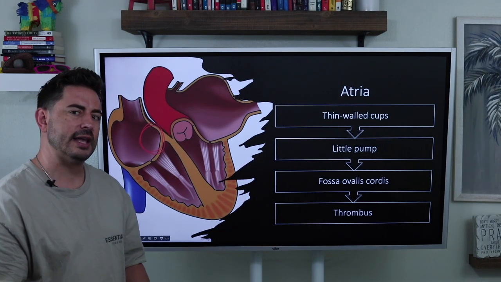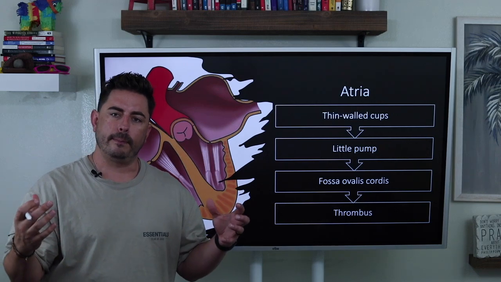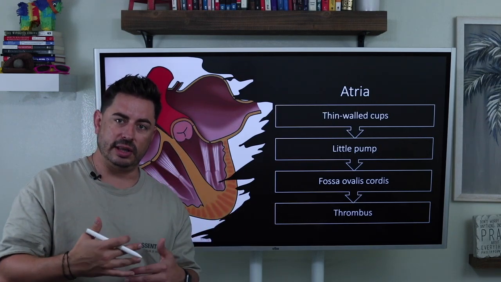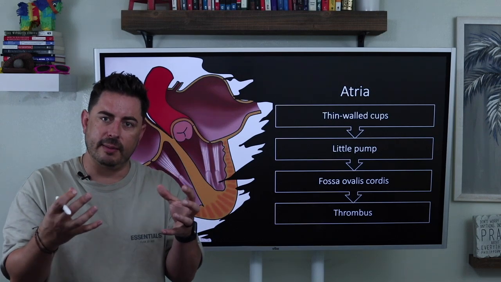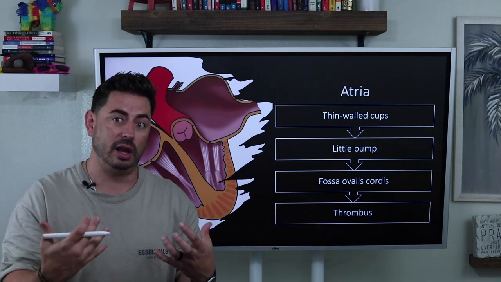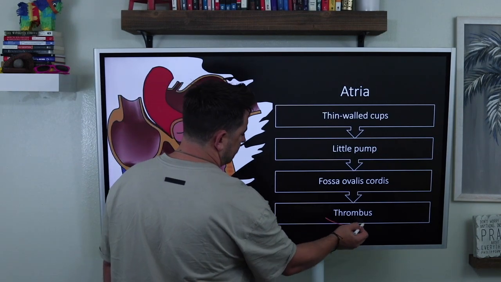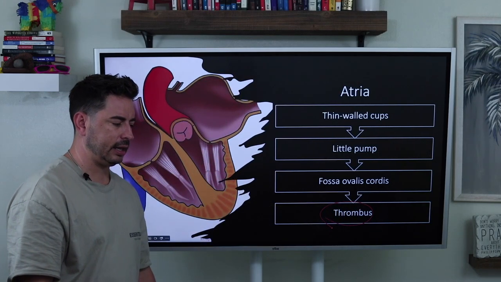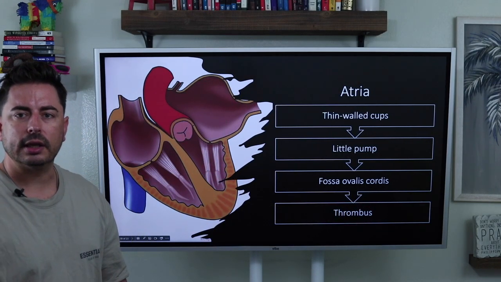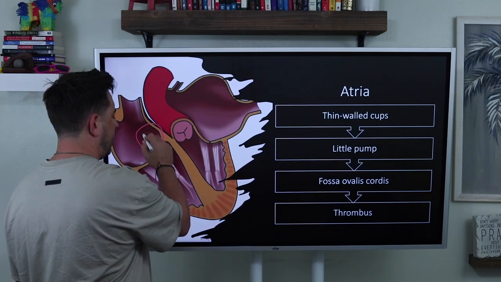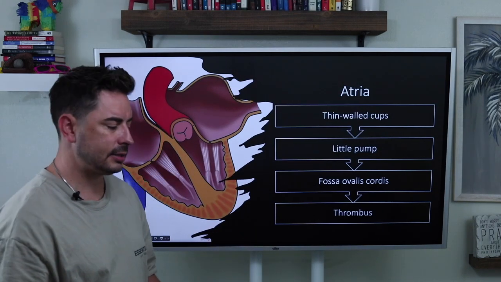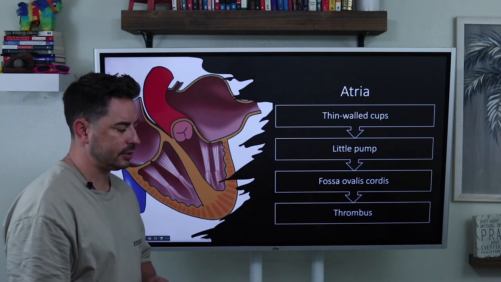If we have a site for blood to pool, blood that's not being circulated will congeal, it will come together. When that blood comes together, it forms a clot. That thrombus is a clot that can form from that fossa ovalis when we have patients that have a dysrhythmia.